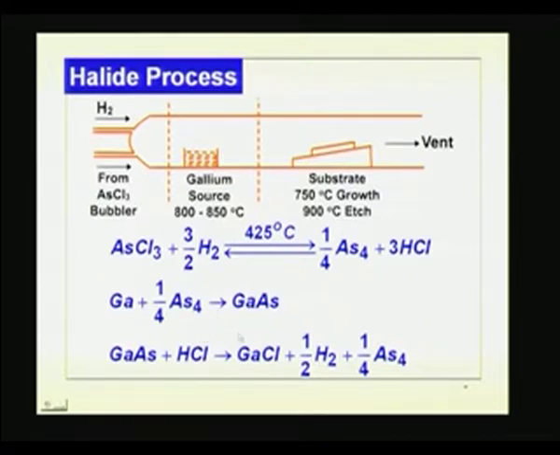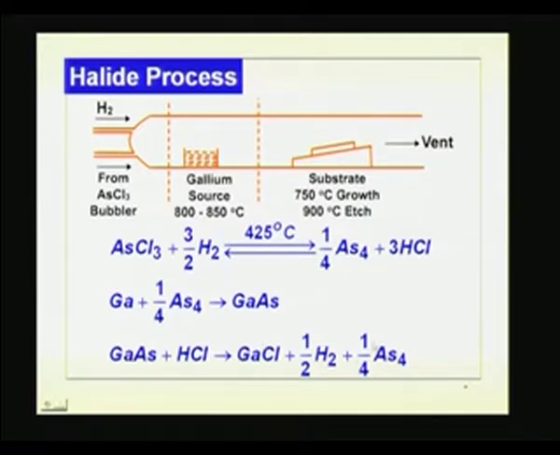So, this reaction will take place either way. Okay. It will proceed from this to that if the temperature is high. So, you keep the temperature high, 800 to 850. If you jack up the temperature to 850, this reaction between gallium arsenide and HCl will take place to release gallium chloride.